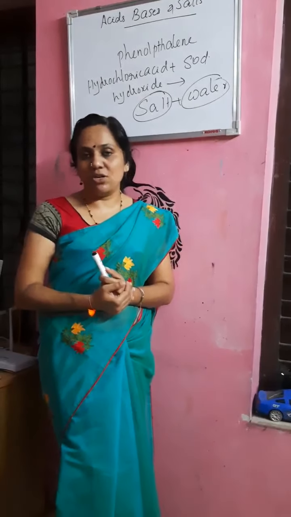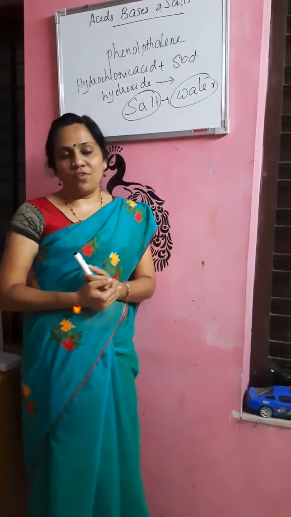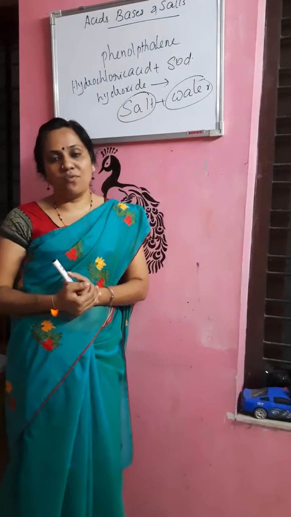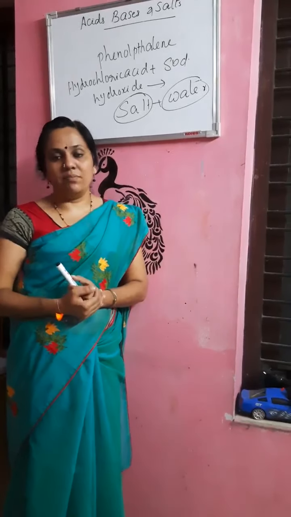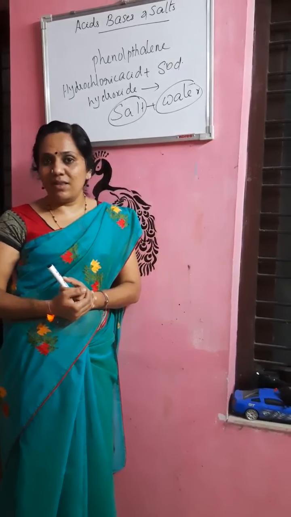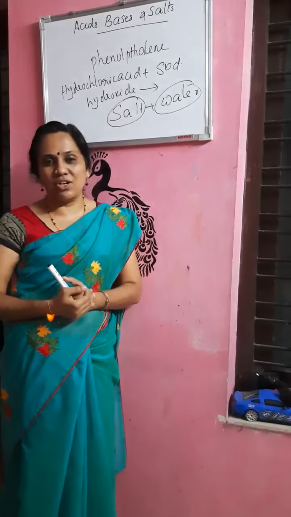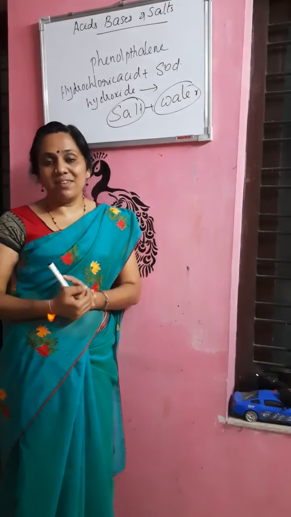Then another application of neutralization is fertilizers. For example, if you use an excessive amount of fertilizers in the soil, the soil becomes acidic. For plants to grow well, the soil should be neutral. Some plants need acidic conditions, some need neutral conditions, and some plants need basic conditions also.